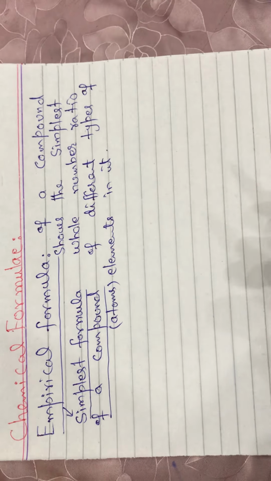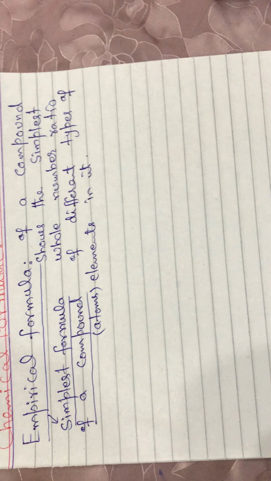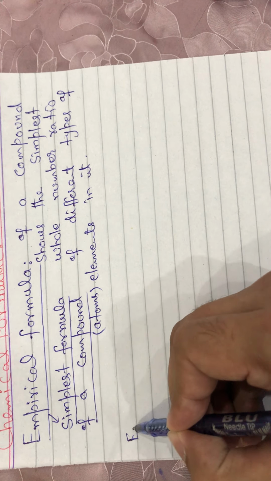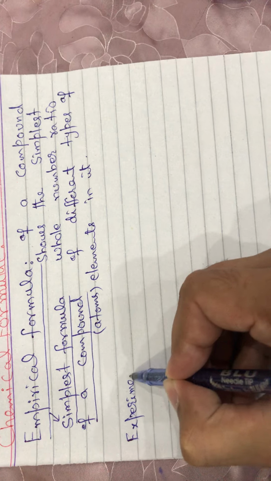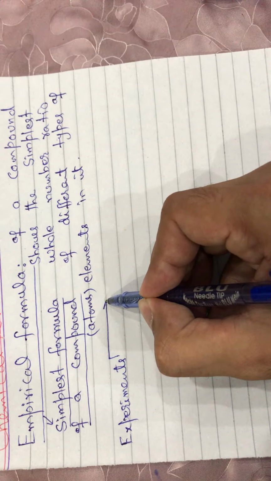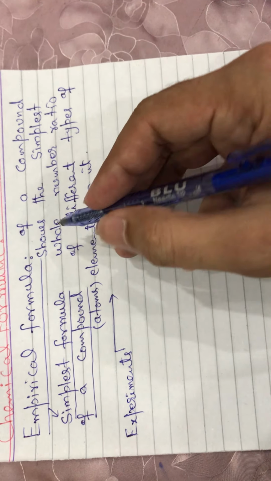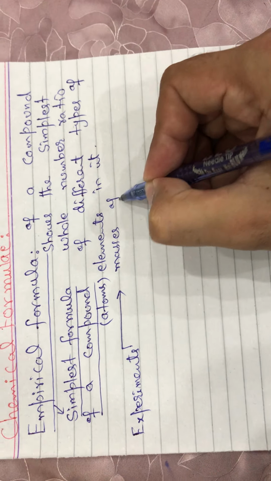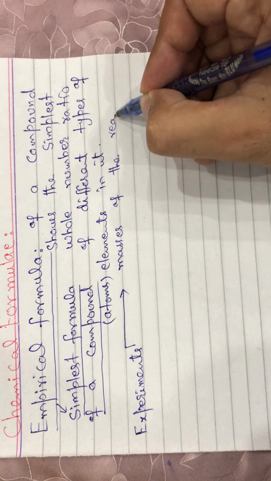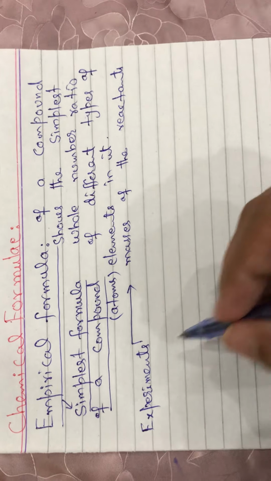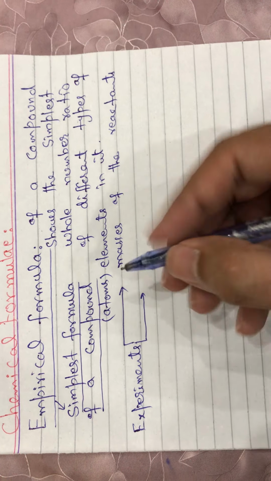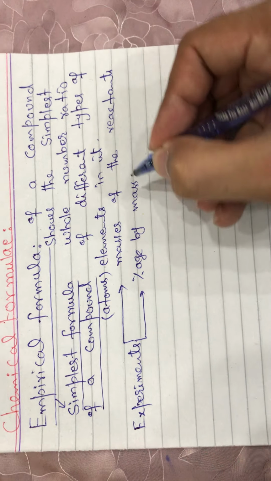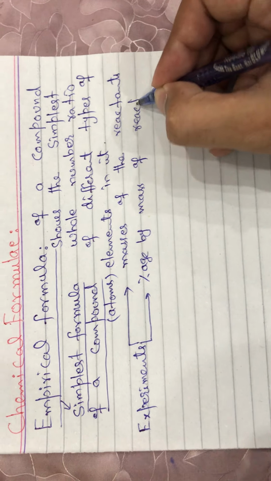How can we calculate the empirical formula? In order to calculate it, first we have to conduct experiments, and from experiments we find two types of values: the masses of the reactants used during the reaction, or we can also convert the masses into percentage by mass of reactants.